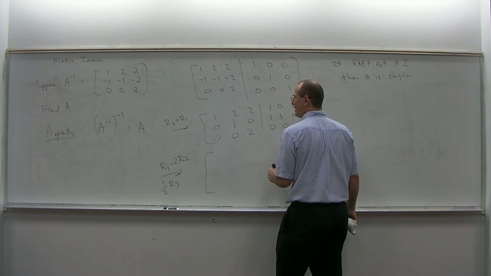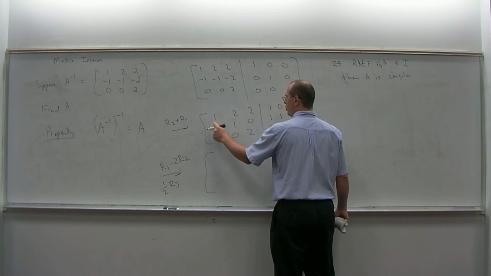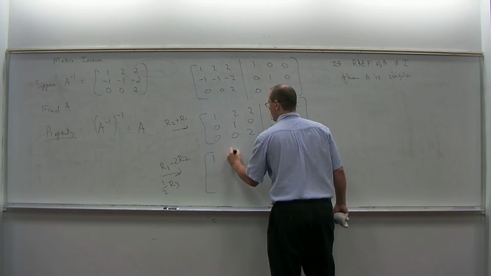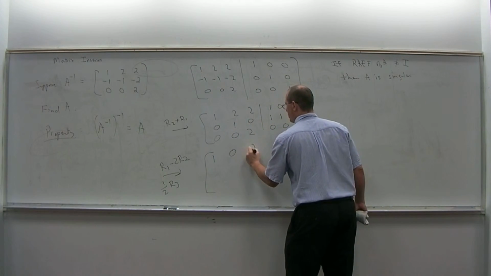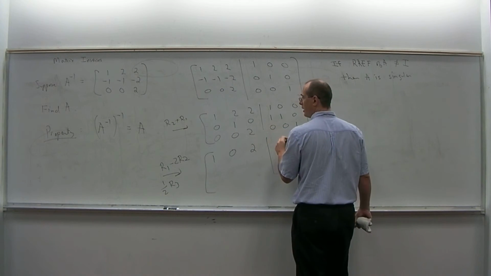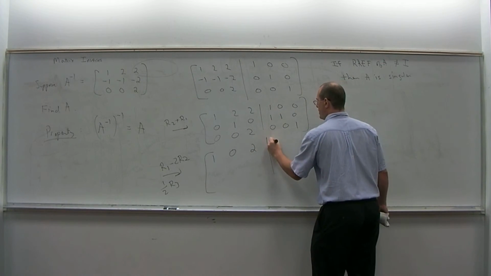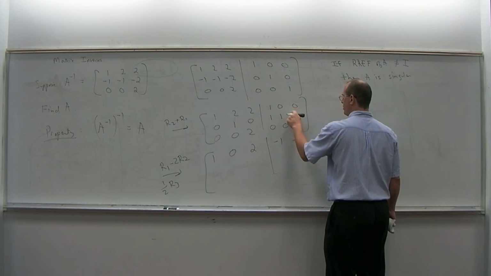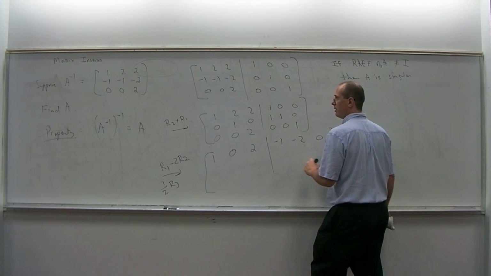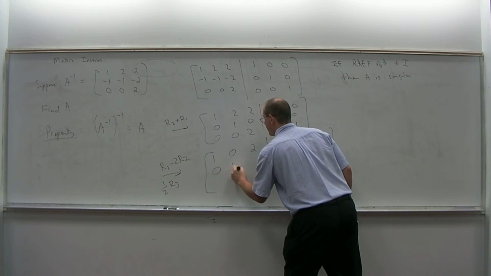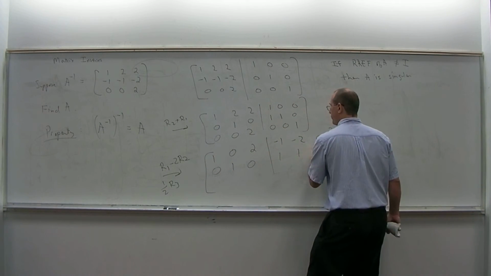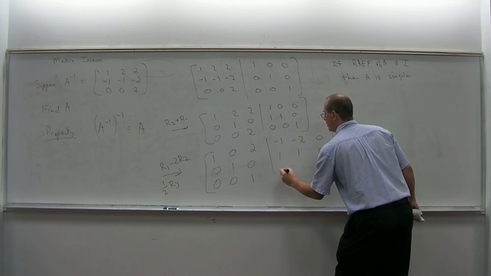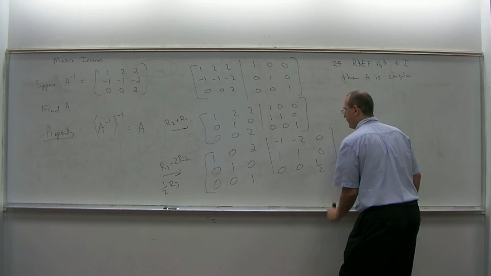So row 1 minus 2 row 2 is going to give me 1 minus 0 is 1, 2 minus 2 is 0, 2 minus 0 is 2, 1 minus 2 is negative 1, 0 minus 2 is negative 2, 0 minus 0 is 0. Row 2 will stay the same, and 1/2 row 3 makes 0, 0, 1, 0, 0, 1/2.